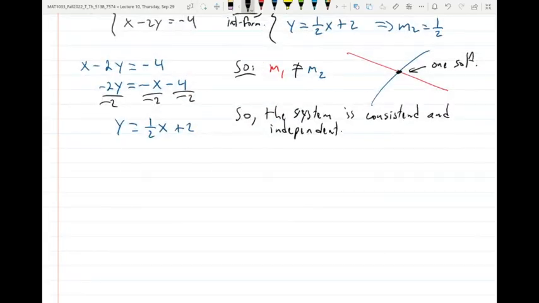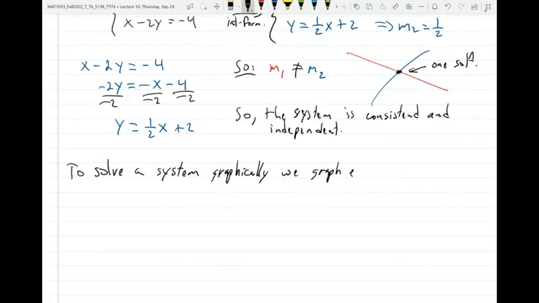So, let me say here, to solve the system graphically, what we do is we graph each equation on the same coordinate system, so the same xy axis.